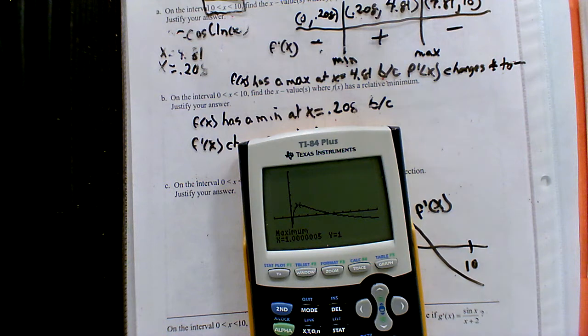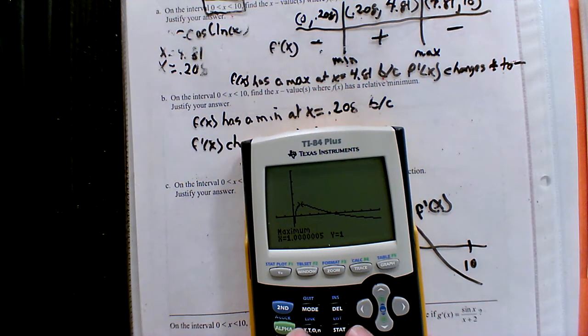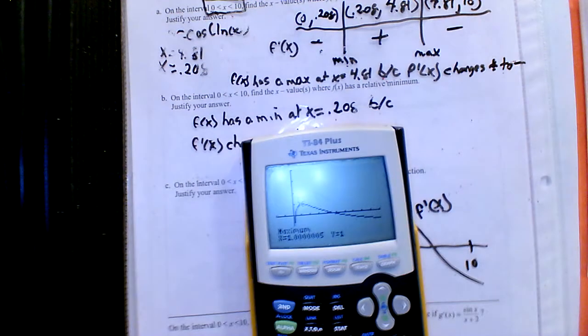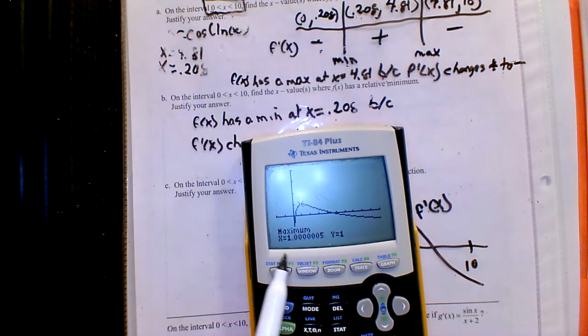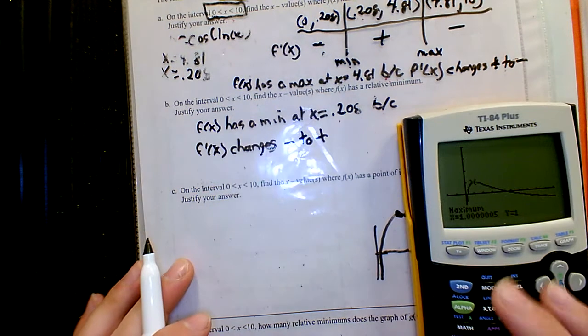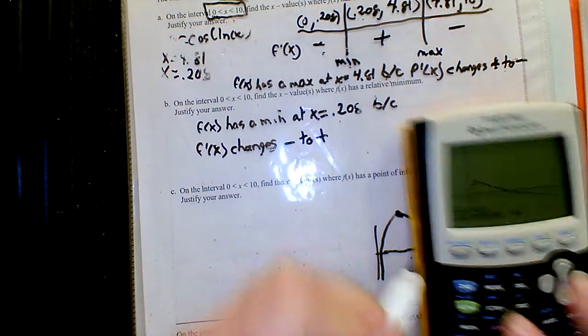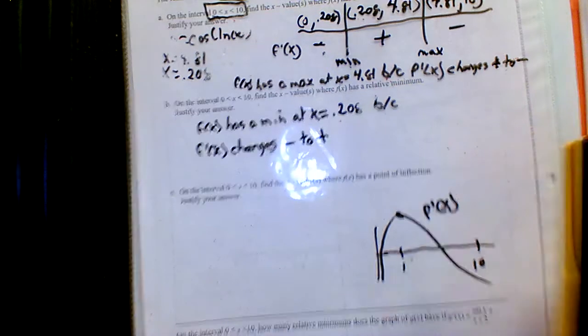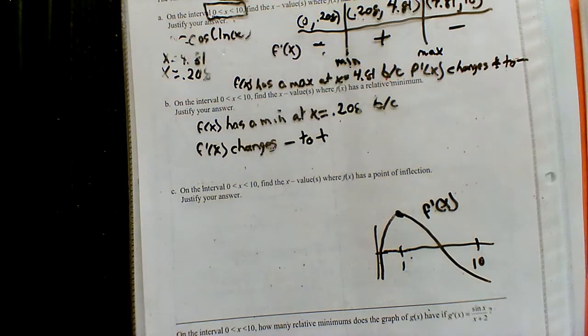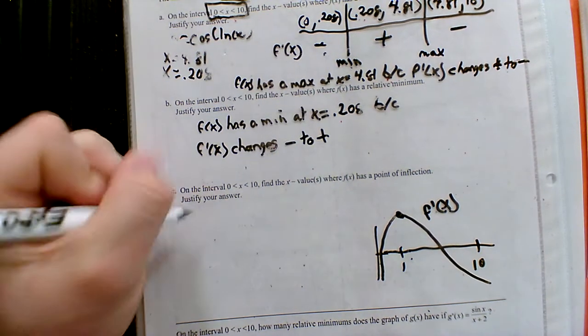Anybody not able to get it? Daniel, what'd you get? My answer looks different from yours. I got 1. Yeah, that's what I have. It's 1.00000. So yes, 1. So we know that it's going to be at x equals 1. That's where our max is.